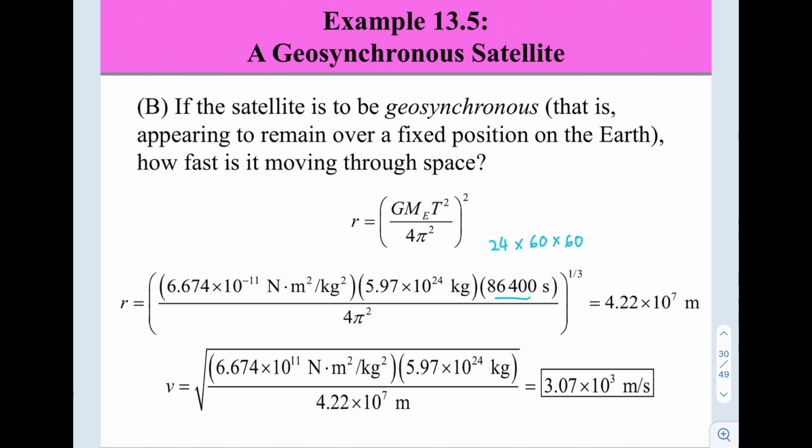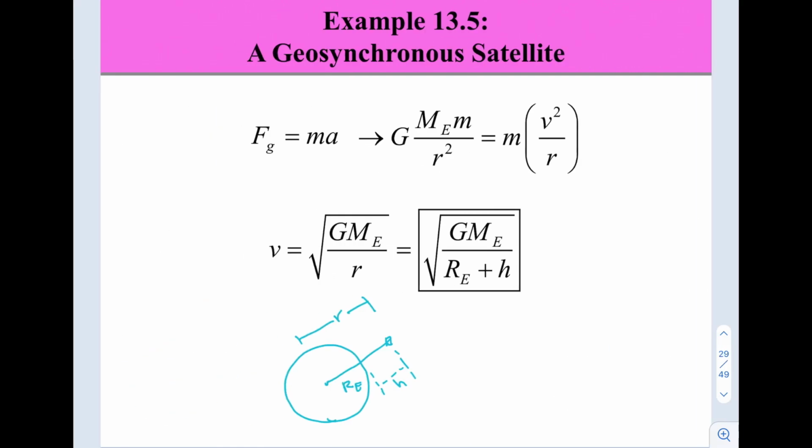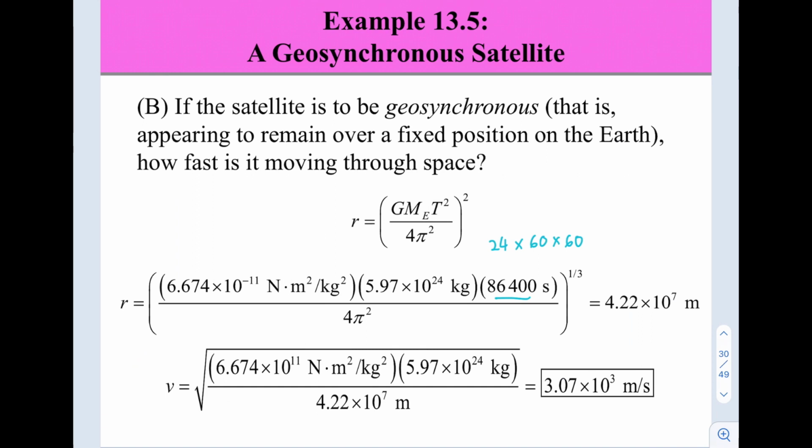So now, once we have r, we may use it to calculate v by using the formula just now, the square root of G M_E over r.